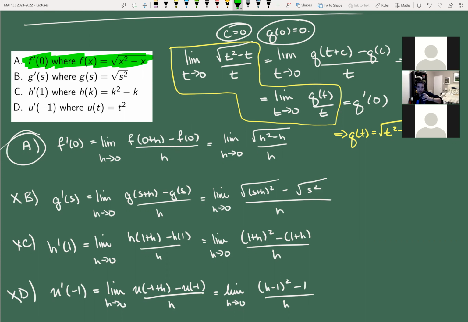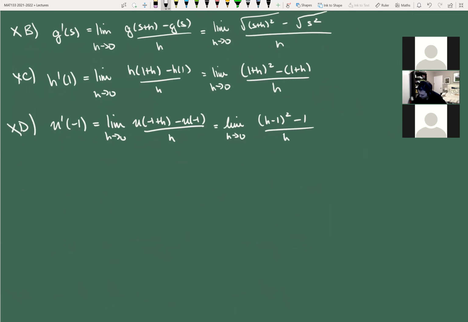The T plus C. Sure. So that's just me saying, F prime of C is the limit as H goes to 0 of F of C plus H minus F of C, right? And now instead of writing my limit in terms of H, why don't we change that to a T everywhere, right?